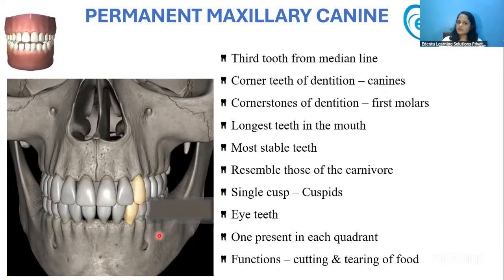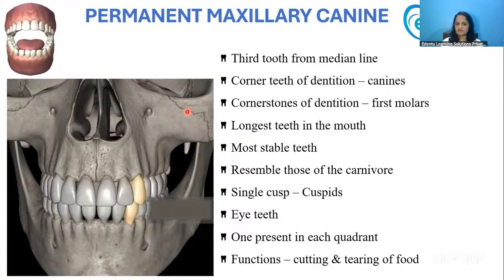Always write in points like this. The permanent maxillary canine is the third tooth from the midline, and it is considered as the corner tooth of dentition. There is some confusion regarding the cornerstone of dentition.